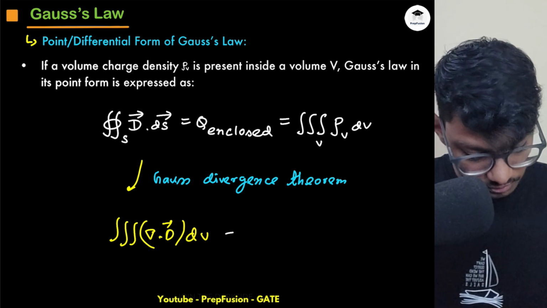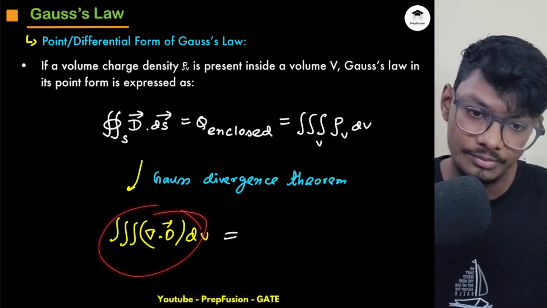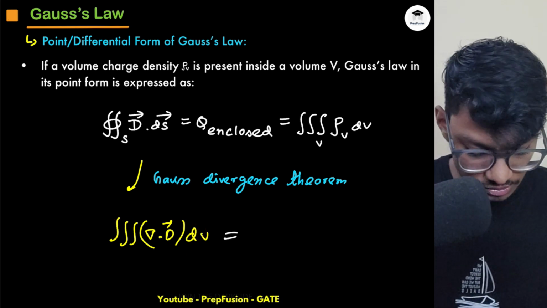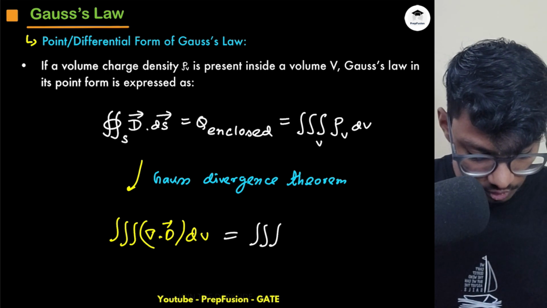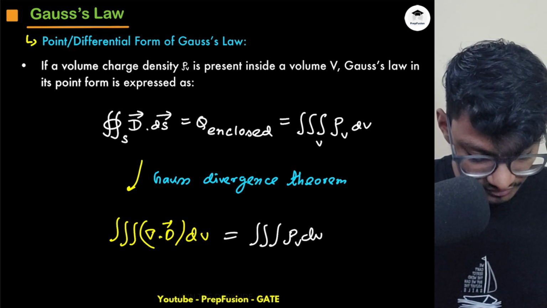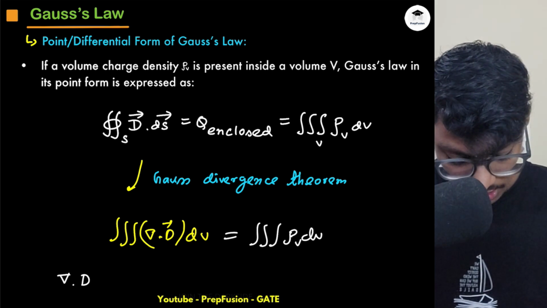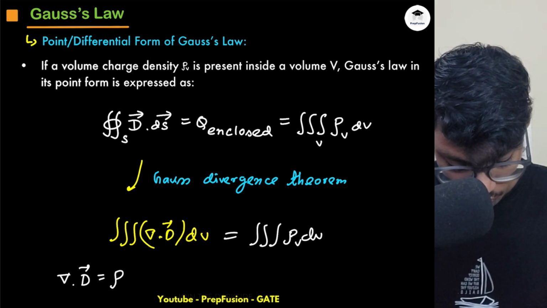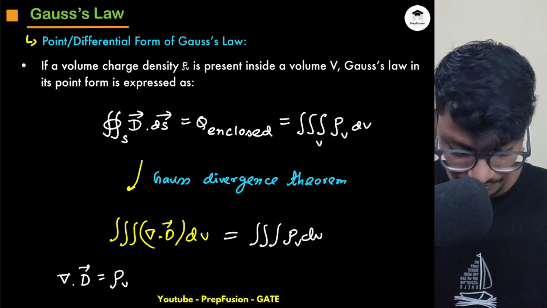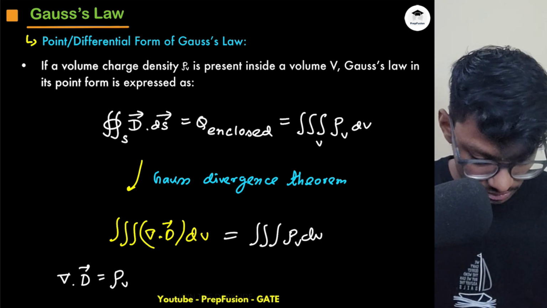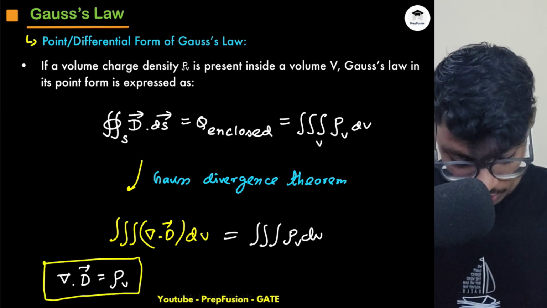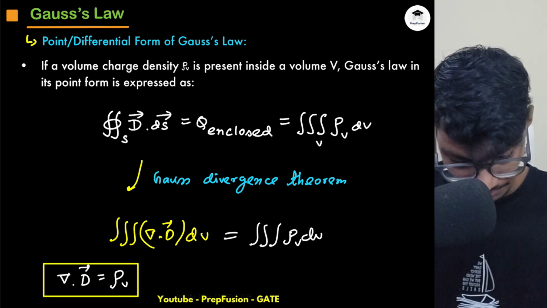So if this is easier, we can compute this. This should be equal to the volume integration of rho v dv. Now what relation do I get? I get the point form, that del dot D should be equal to rho v. This is a very important relation that we should know, that del dot D will be equal to rho v.